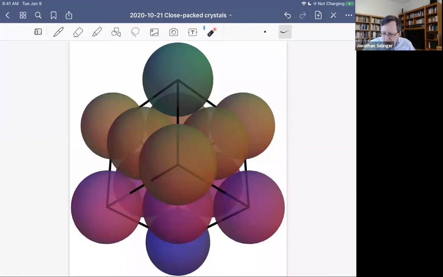This is basically the way that you would pile up oranges. If you own a supermarket and you're making a big pile of oranges, you would make one layer of oranges with a hexagonal packing.